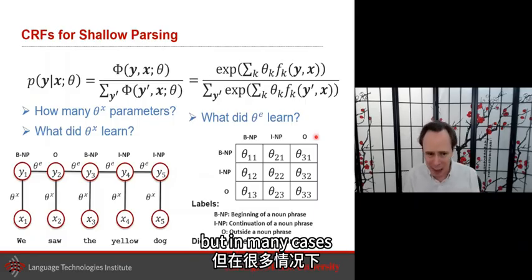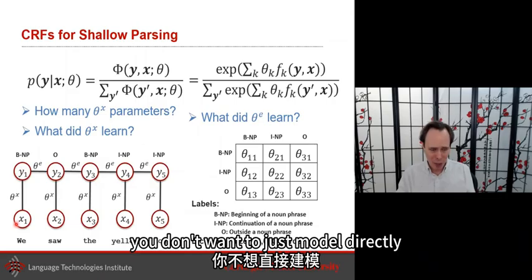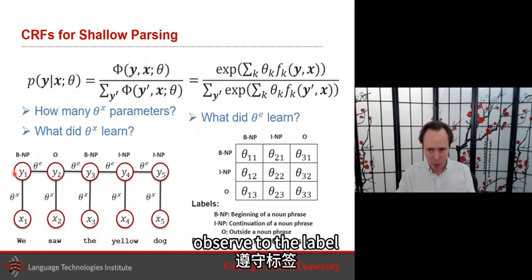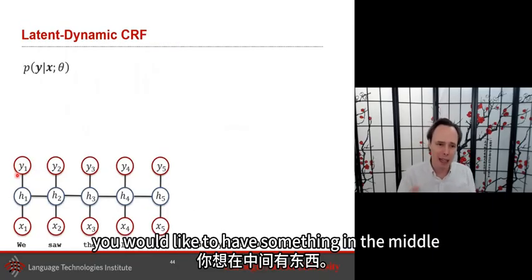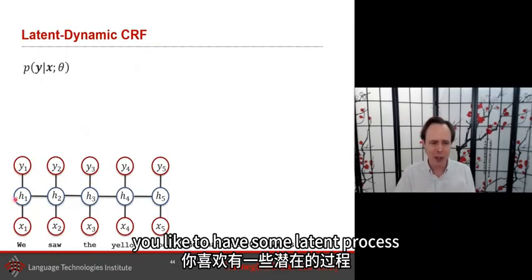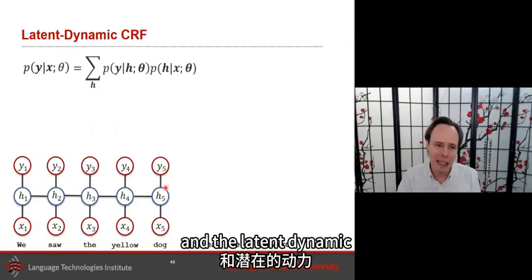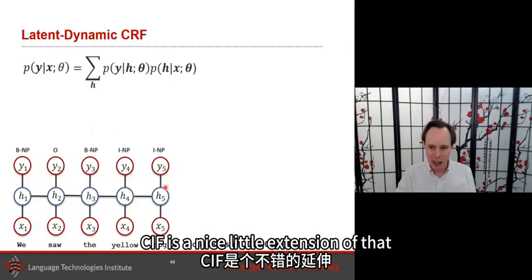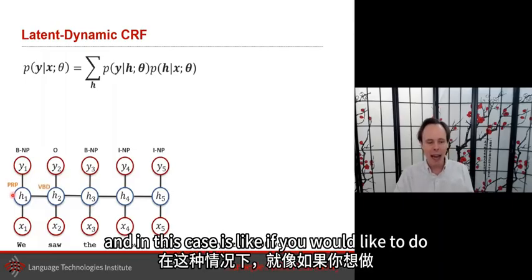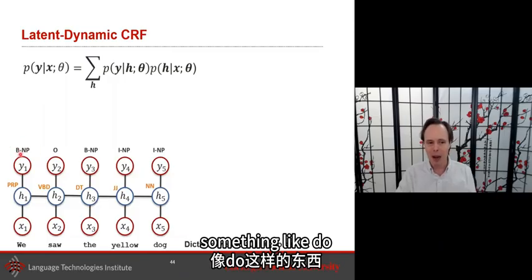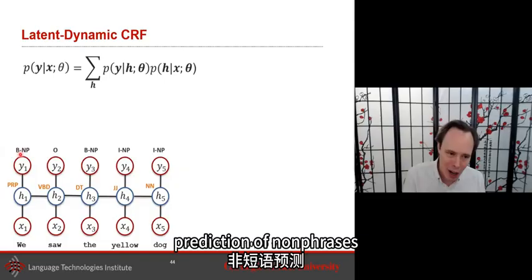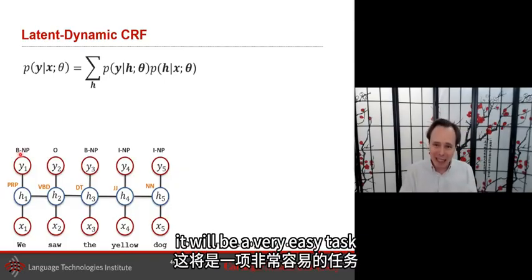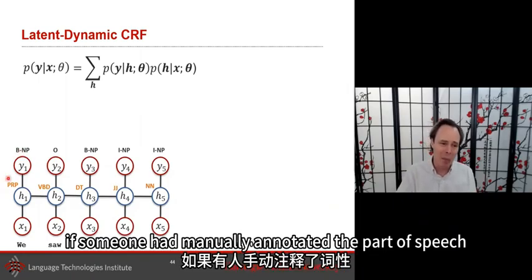But in many cases, you don't want to just model directly observe to the label. You would like to have something in the middle. You'd like to have some latent process. And the latent dynamic CRF is a nice little extension of that. If you would like to do prediction of noun phrases, it will be a very easy task if someone had manually annotated the part of speech tag.